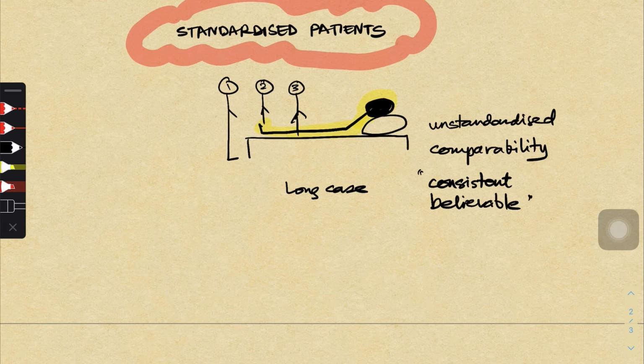So each student will get different results depending on the way in which they interact with the standardized patients. However, two or three students asking the standardized patient in the same way, in the same conduct, will receive the same response. So this is what we want. This is why we call them standardized patients. Consistent, believable manner.